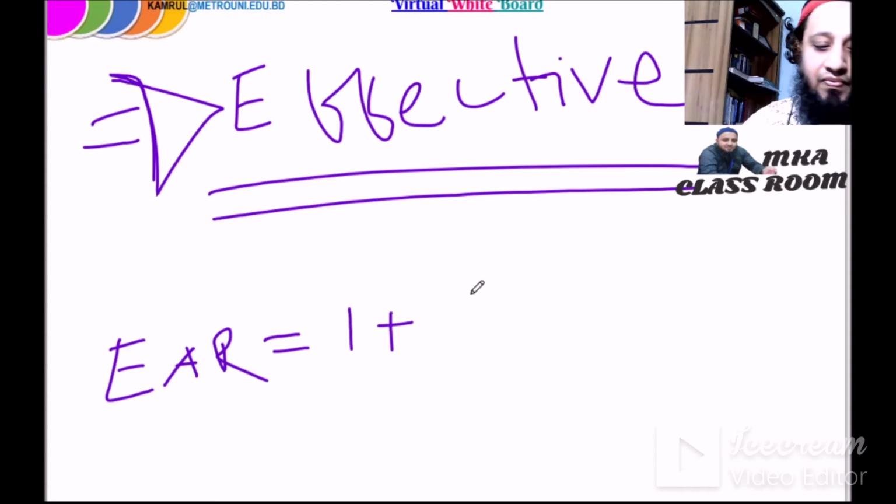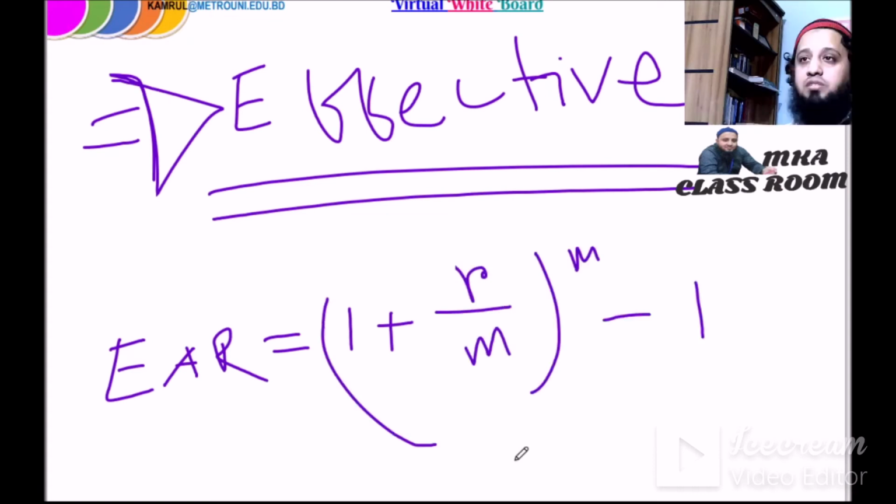That is the formula for the effective annual rate or effective rate, which means the rate actually earned in this problem.